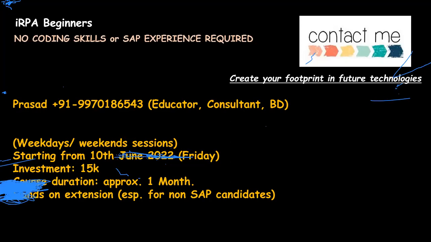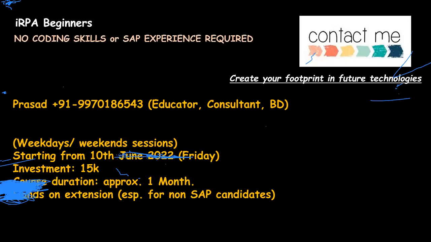But if you are getting data from within SAP software like SuccessFactors with iRPA, then you don't need that. That is the advantage you get with SAP iRPA. You mean if we get a cross licensing license, then we can extract and control that third party system through RPA?